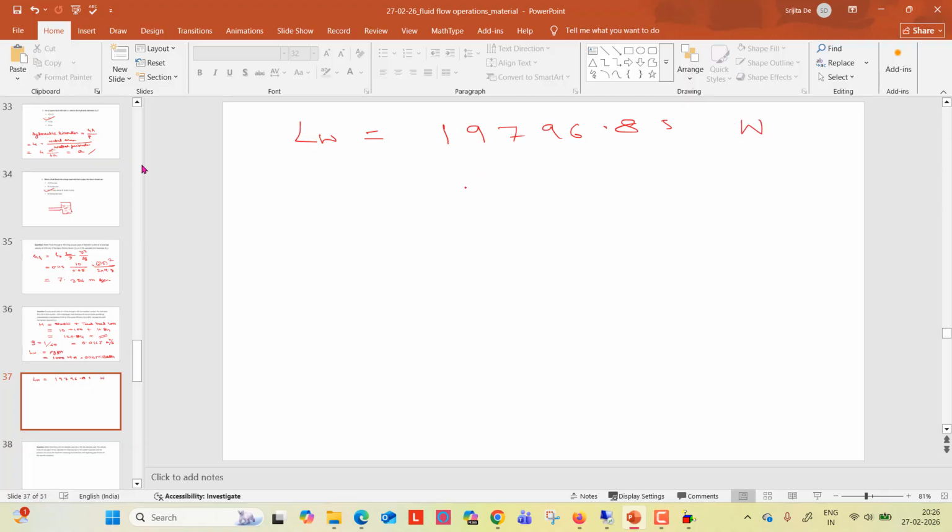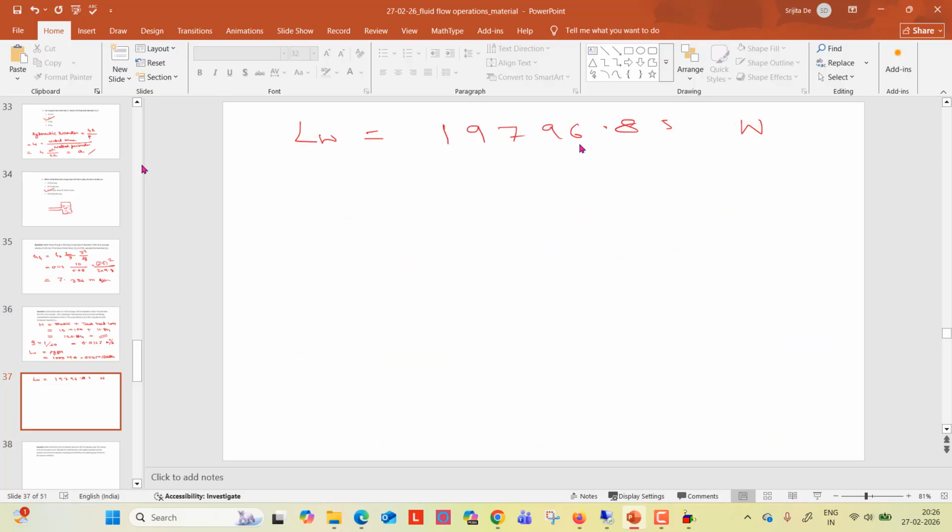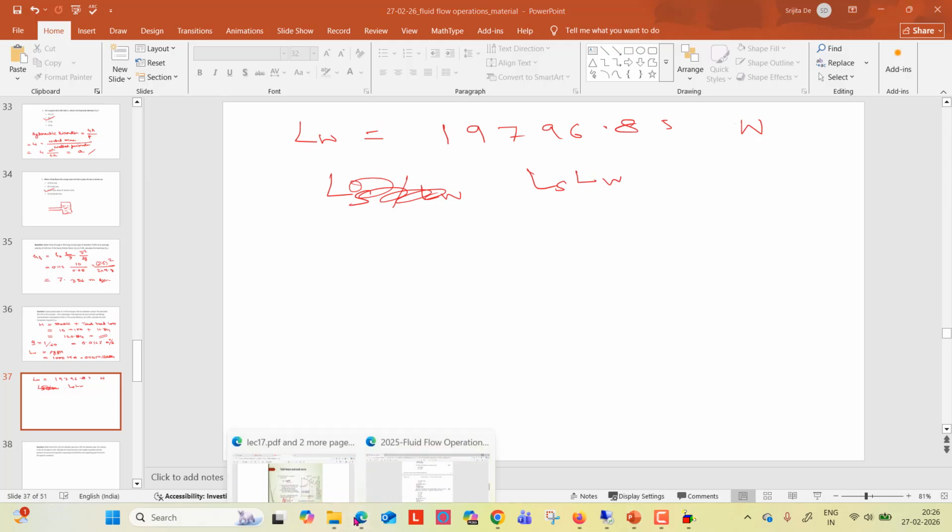And we have to calculate the shaft power. So how is the shaft power defined? Sorry, I have missed something, I think.